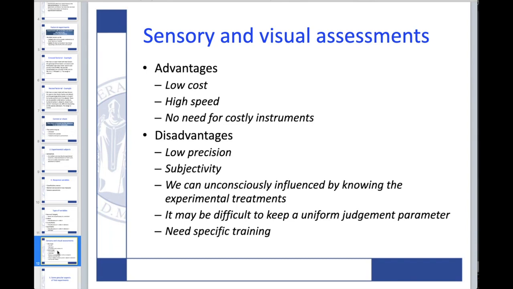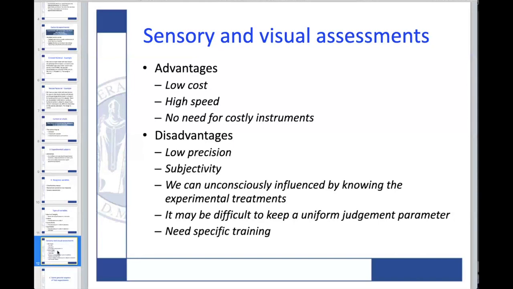Of course, they have disadvantages. Sometimes they are not precise. Sometimes they might be subjective. I can give a different assessment from that given by another person. I can be unconsciously influenced by knowing the experimental treatment.